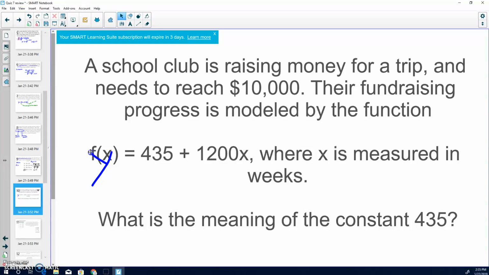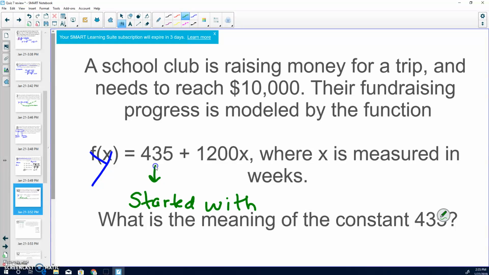Blaine, do you know? So 435 is the starting point, right? How much they started with. And 1,200 is how much they saved each what?